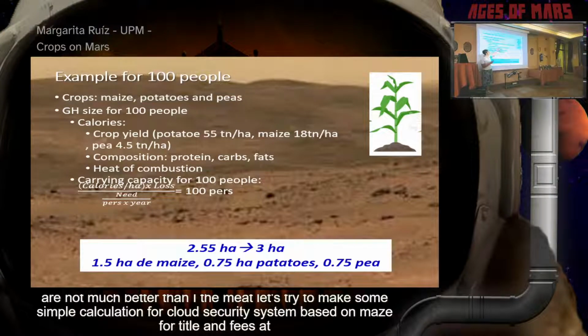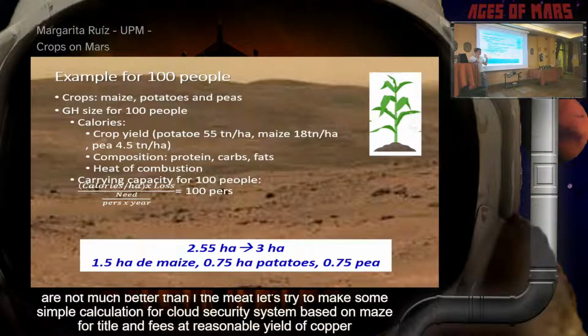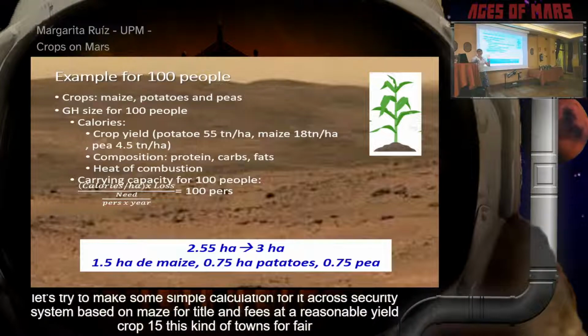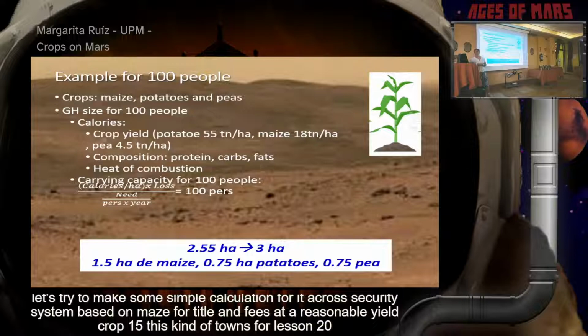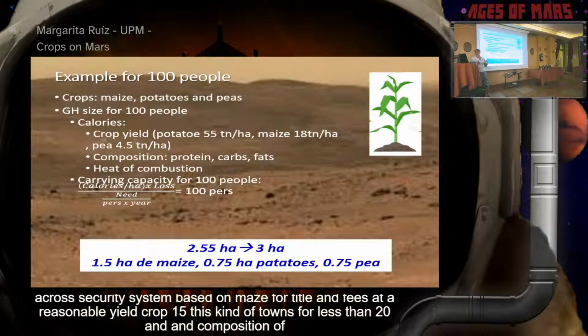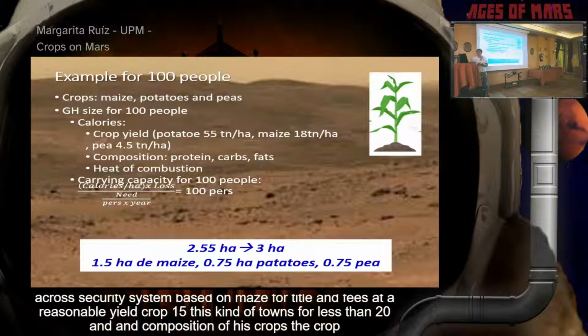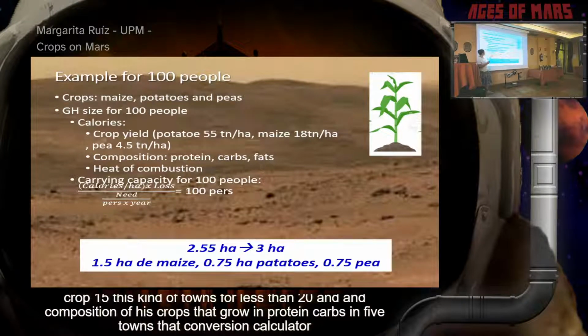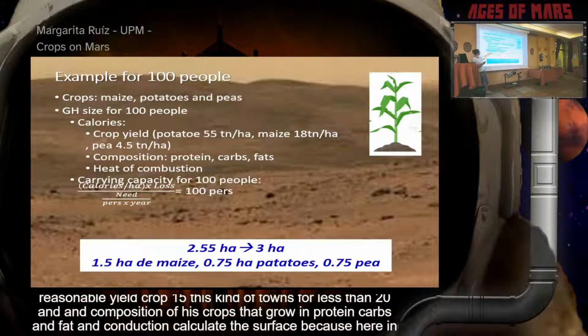Considering a reasonable yield per crop, something like 50 tons for potato, and for maize less than 20, and considering the composition of these crops, the crop yield in protein, carbs, and fat, and the heat conduction, we can calculate the surface, because here the calories are per hectare.